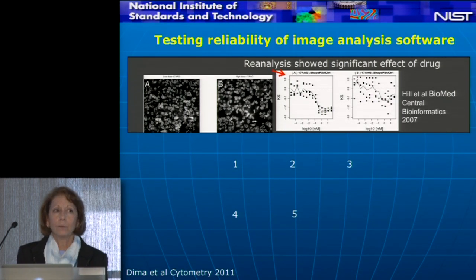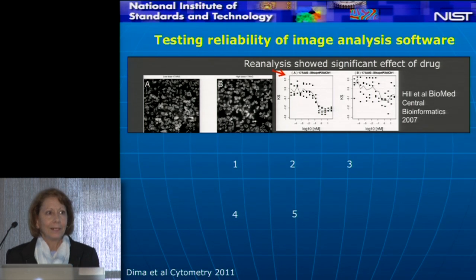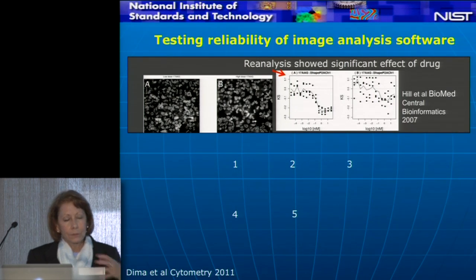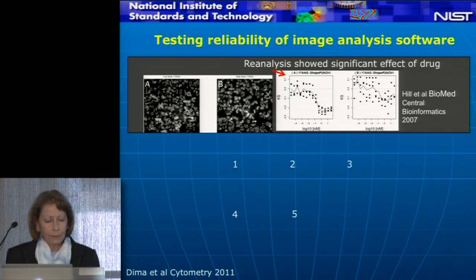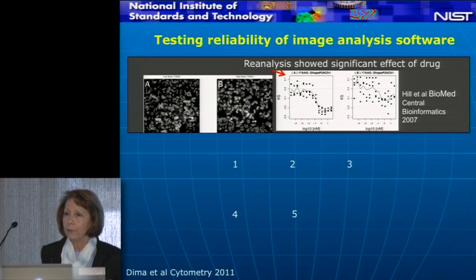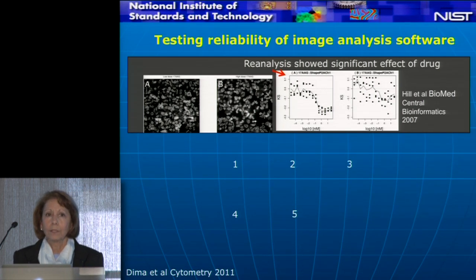And when it is used in a quantitative way, there's still a great tendency for folks to trust the software that comes with their microscope, or that they can download off of the web. Let me just say, what's up here right now is an example of where trusting your software isn't necessarily the best idea.